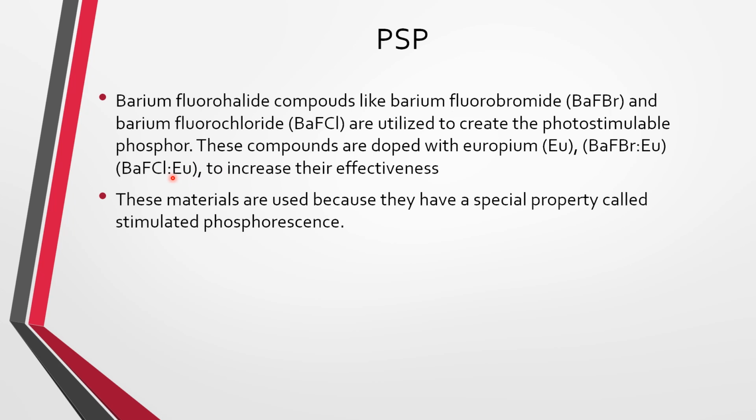And there are many other different types. These were the more common ones used, but there were roughly a dozen plus different chemicals that could be used. It was always doped with something, usually europium. These materials are used because they have special properties called stimulated phosphorescence. Phosphorescence means delayed emission of light.